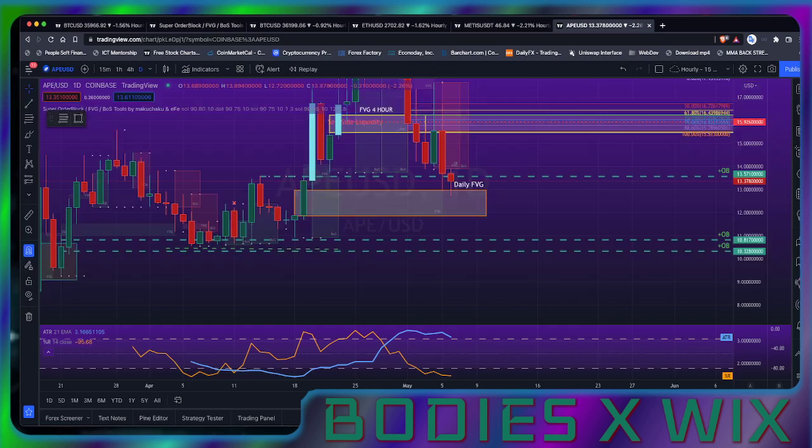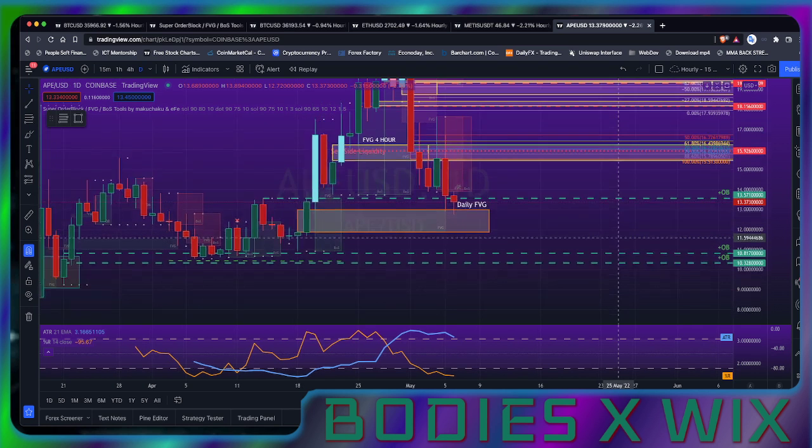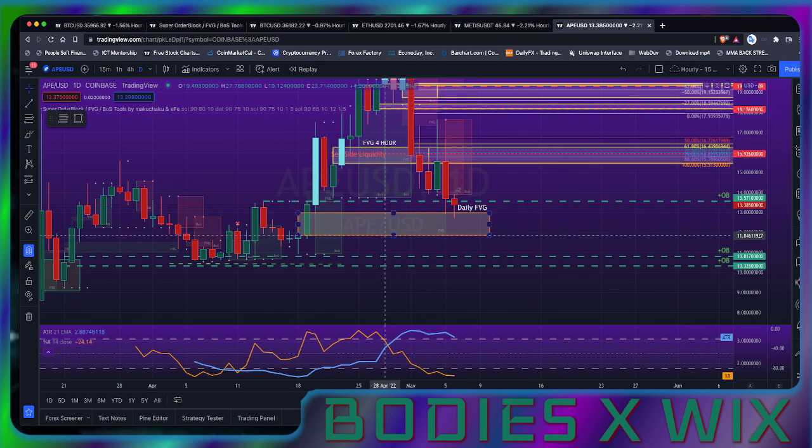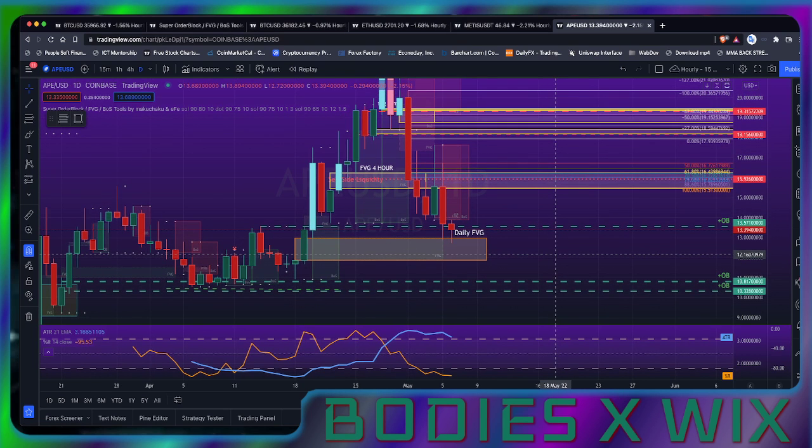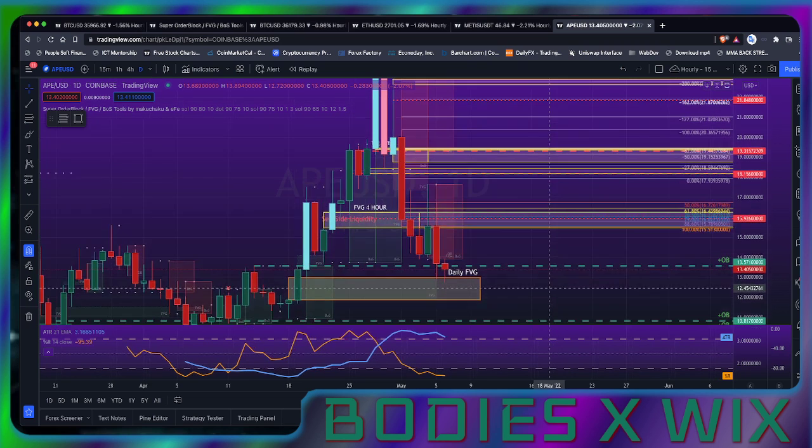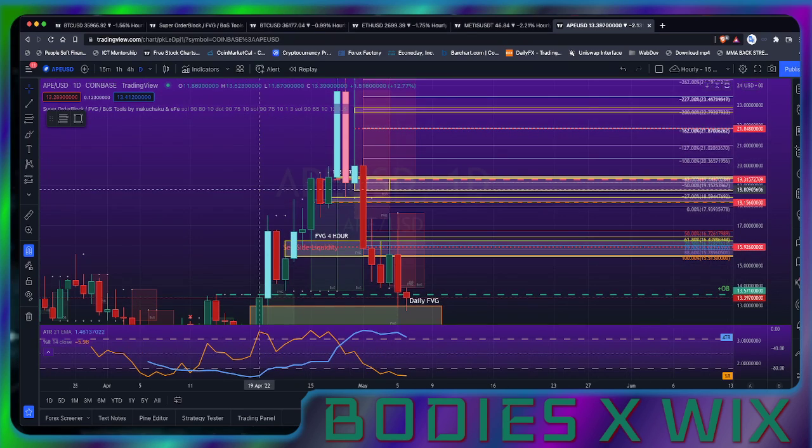I stumbled upon this and I was like, okay, these guys pretty much coded exactly how I like to address my charts, except their break of structure is usually a little bit different than mine. I could probably go in there and color it a little bit differently if I wanted to, but I haven't.